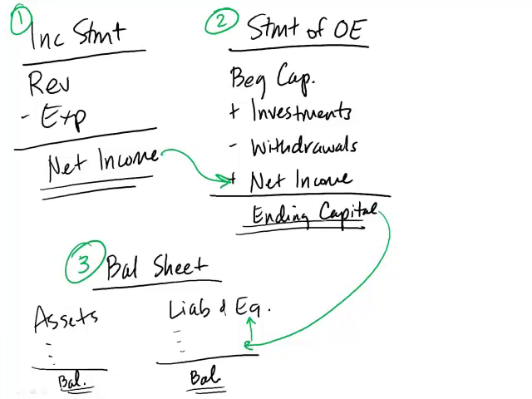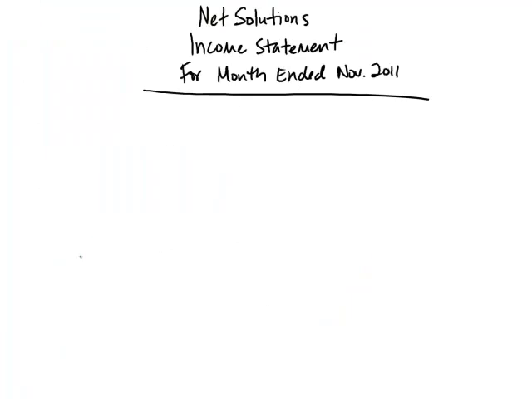Okay, so income statement, we're going to do revenues minus expenses. We're always going to start with a heading for our financial statements. The company name, the statement name, and date. That's just a standard heading for all of your financial statements. The income statement and statement of owner's equity are going to be "for the month ended" because they show the activity within that month.